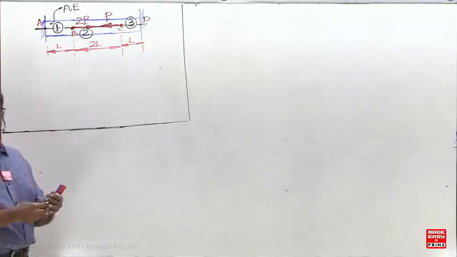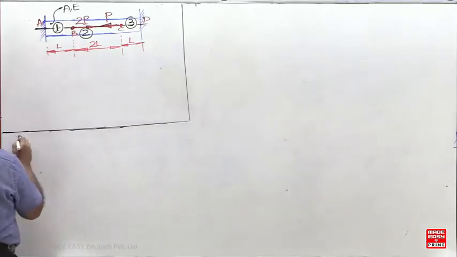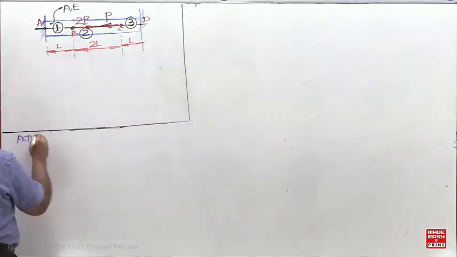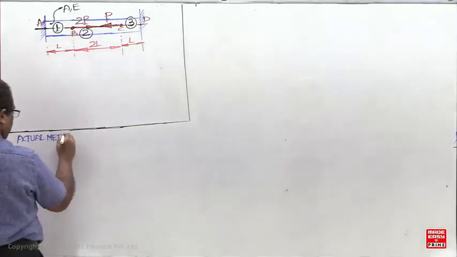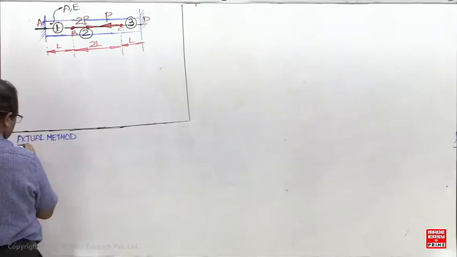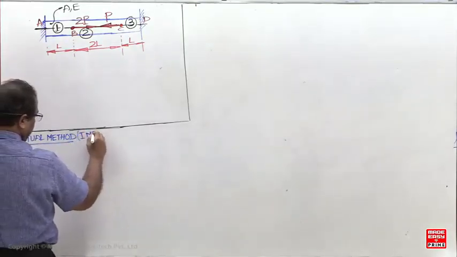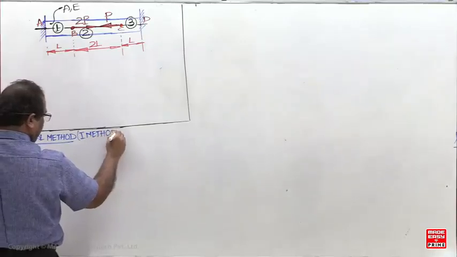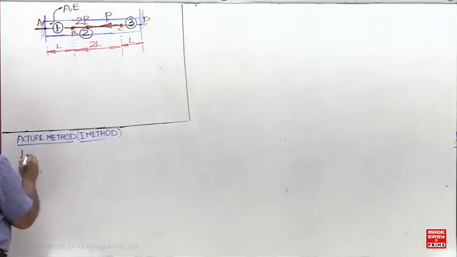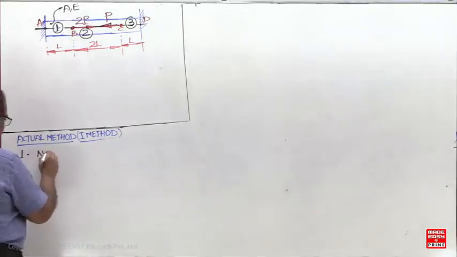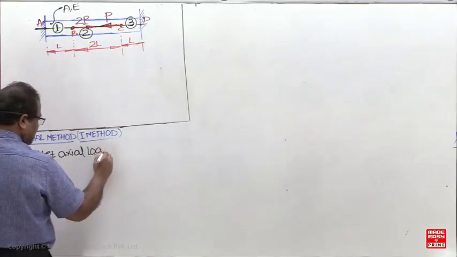What should be the first step now? This is the general method, the actual method. The first step is the net axial load.